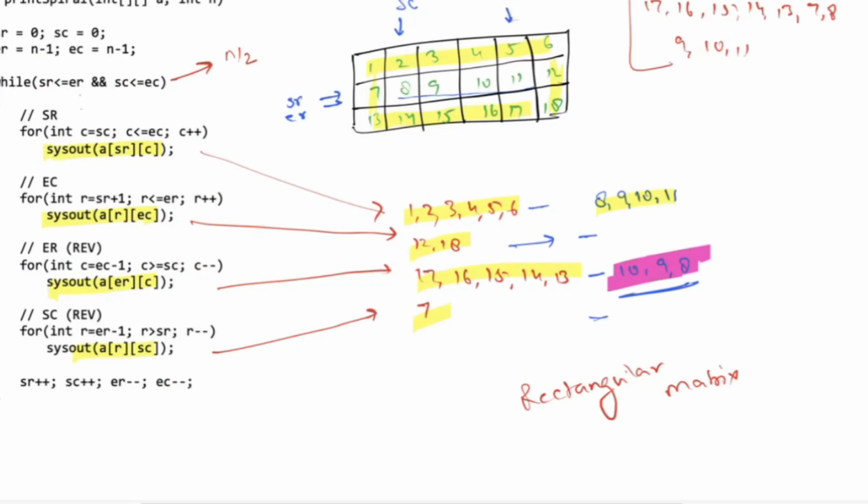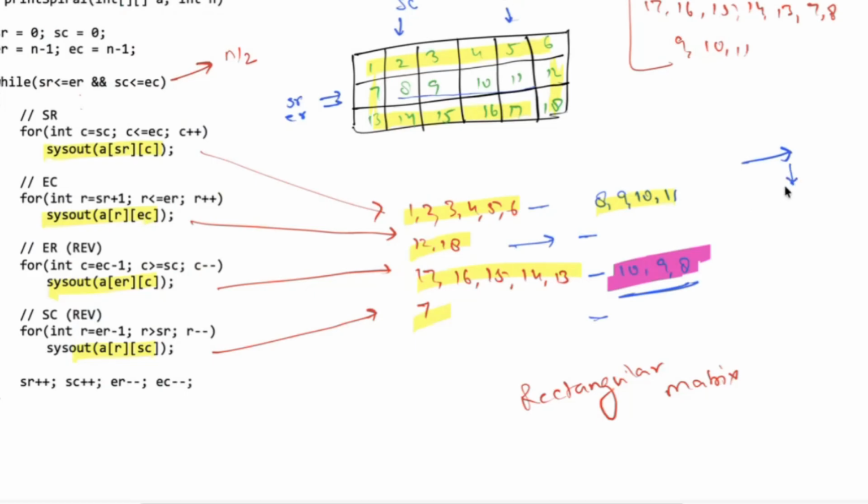The first for loop prints the starting row. Then the second for loop prints the last column.